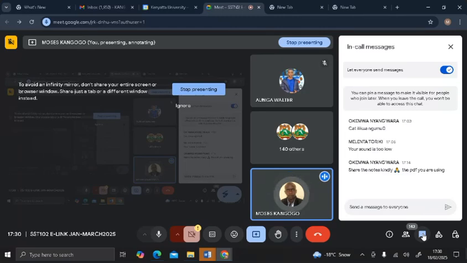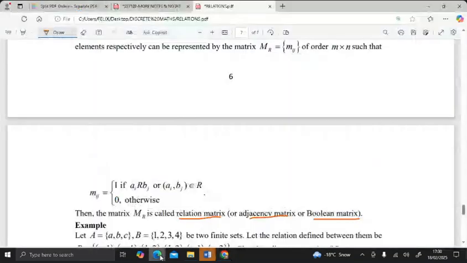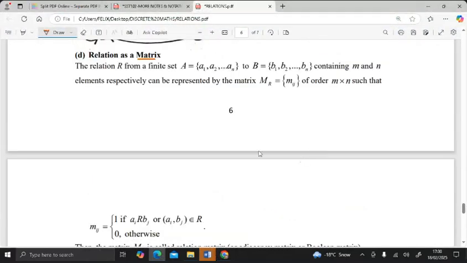I hope you've taken care of your device. All your colleagues are okay. Okay, kindly share the note, the PDF you're using. The PDF that I'm using was 14, around 16 minutes ago. Probably I was using the other one. No worry, I will do that.